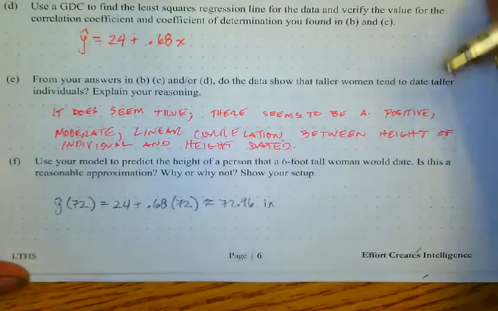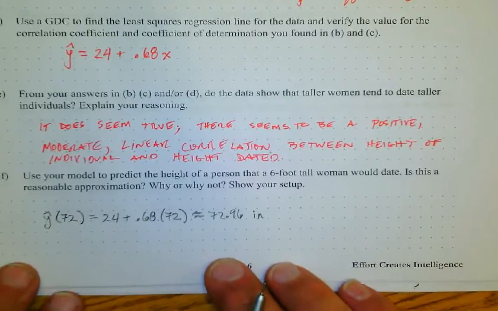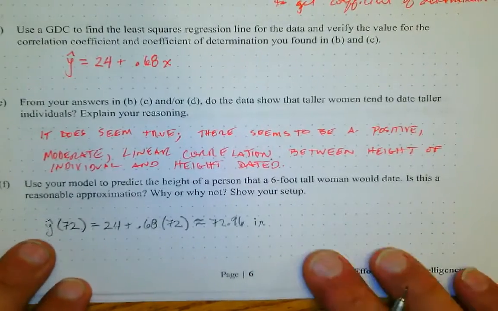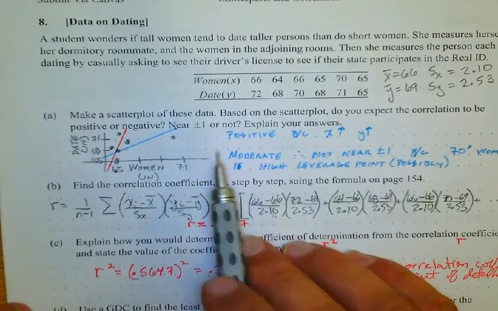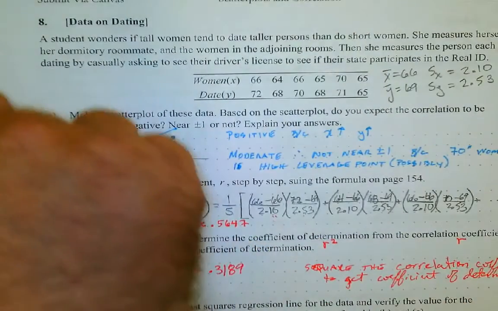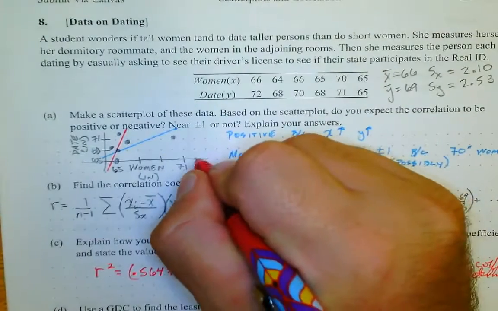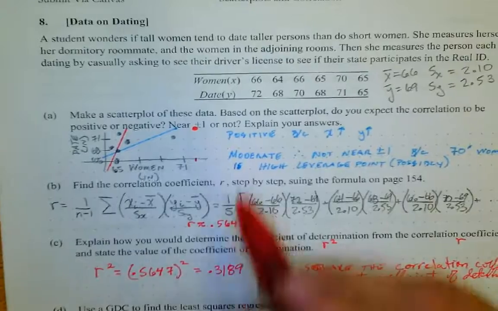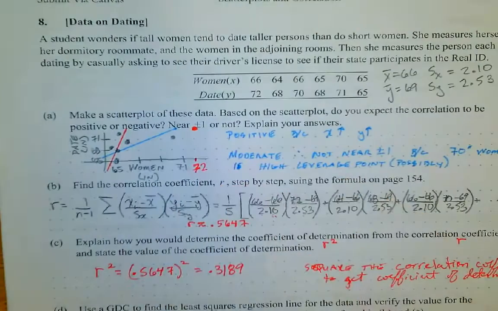Okay? Now, is this a reasonable approximation? Why or why not? In order to answer that, we need to look at our plot. Okay? We have someone that's 70 inches, and if we were going to have someone that was 72 inches, they would be up here. This would be if I had someone that was 72.